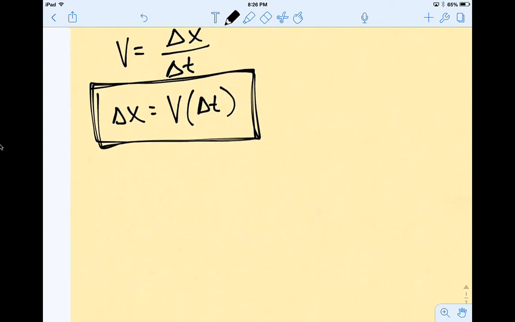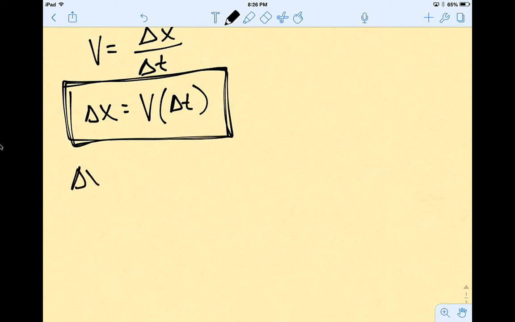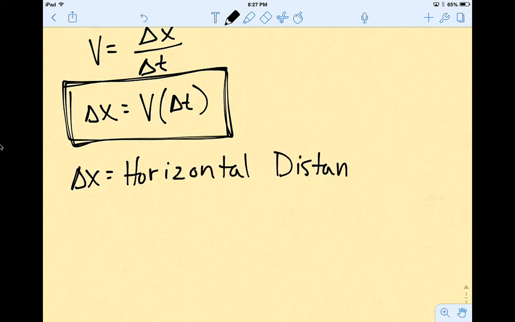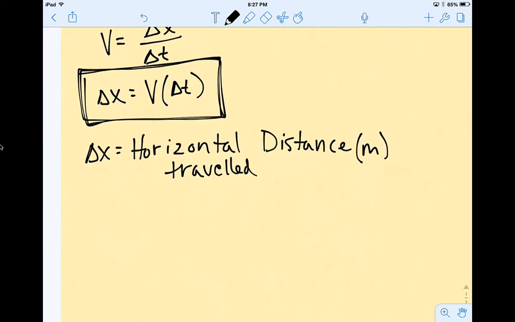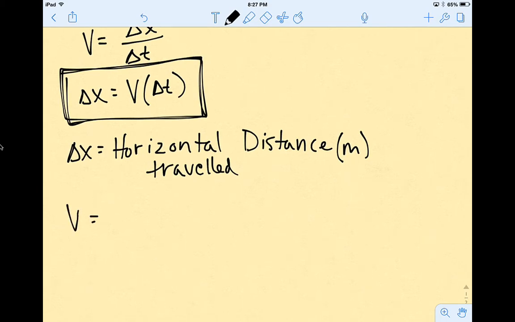That's important. Now, let's go ahead and identify: delta x is going to be not just the distance, but the horizontal distance traveled, and delta x is going to be in meters. V is not just velocity, my bad, horizontal velocity.